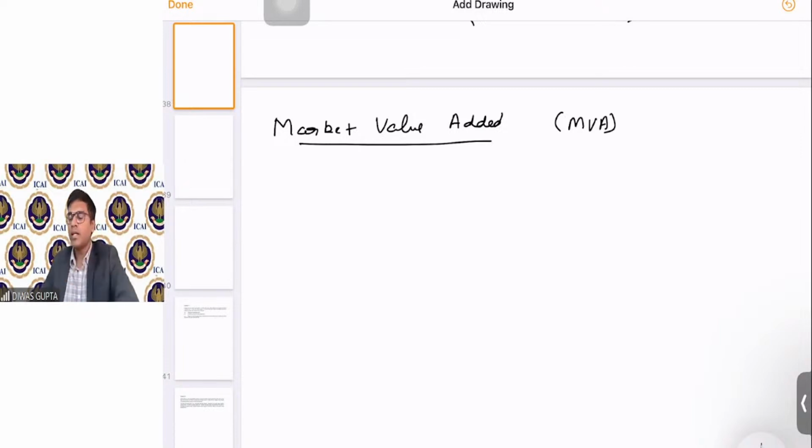Okay, market value added. Now, in case of a market value added, students, in our previous session, we have discussed about the economic value added. Okay, now let us talk about the market value added.